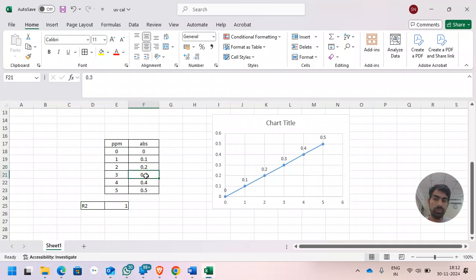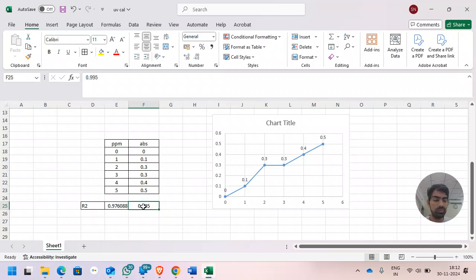When we prepared the standards, suppose we made some mistakes. Instead of 2 ppm, we ran a 3 ppm standard. We got some 3.3 now. The graph will vary and this value will be affected. At least this r square value should be 0.995.